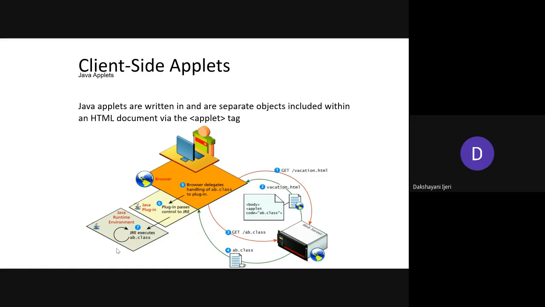These Java applets are written as a part of the HTML through the applet tag. Can anyone tell me what Java applets are? Especially those who have already worked with them. They are small programs embedded in HTML.